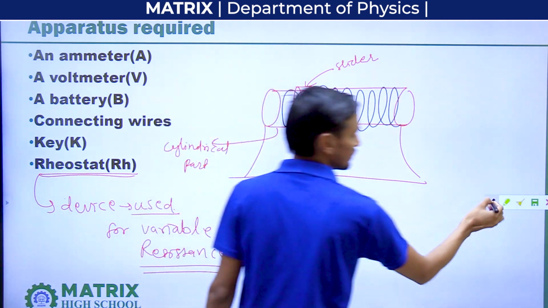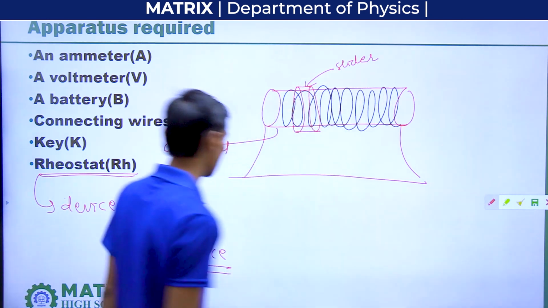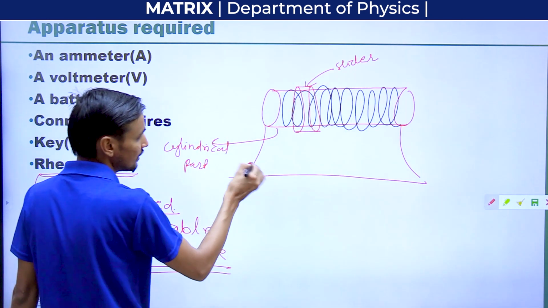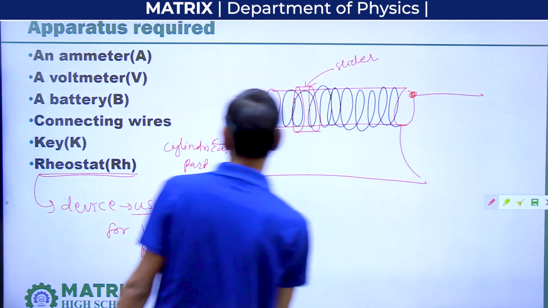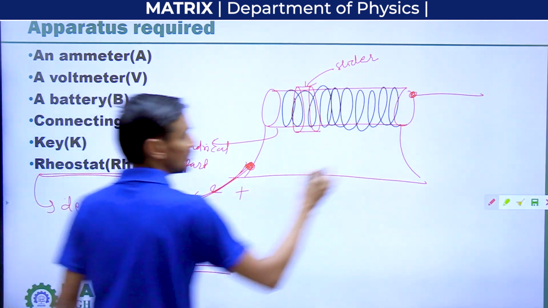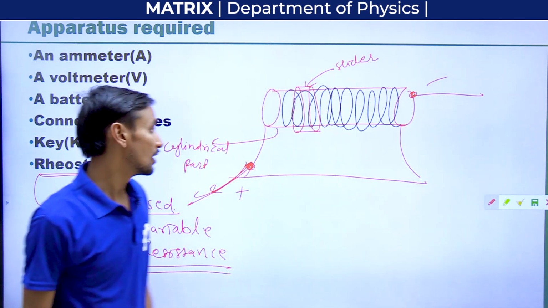One connection is made here and one connection is made here. Two connections are made. This is the positive terminal and this is the negative terminal.